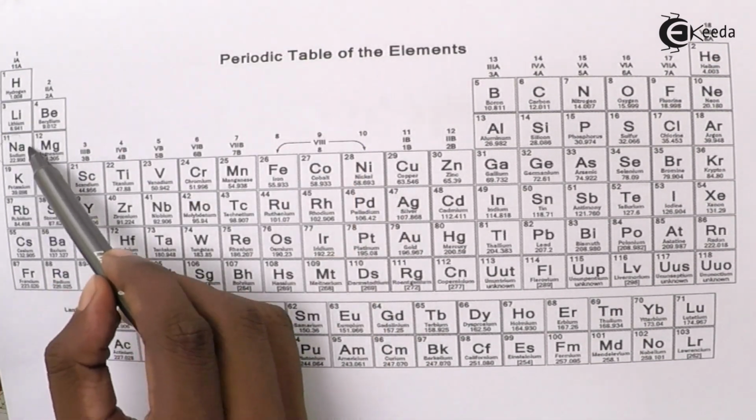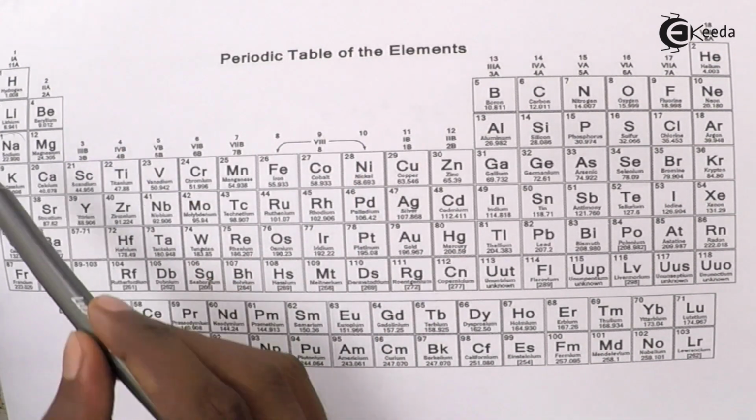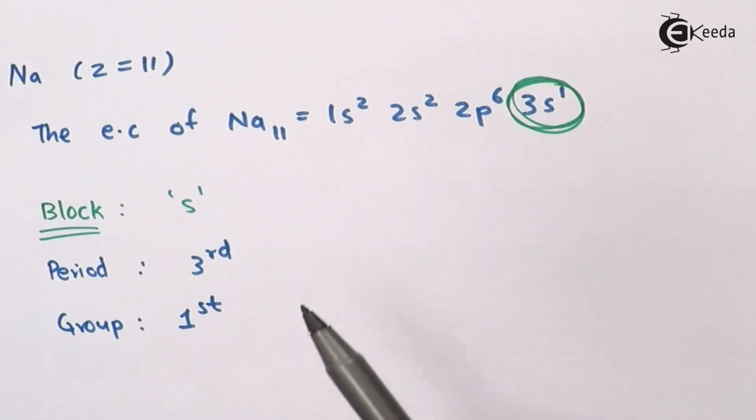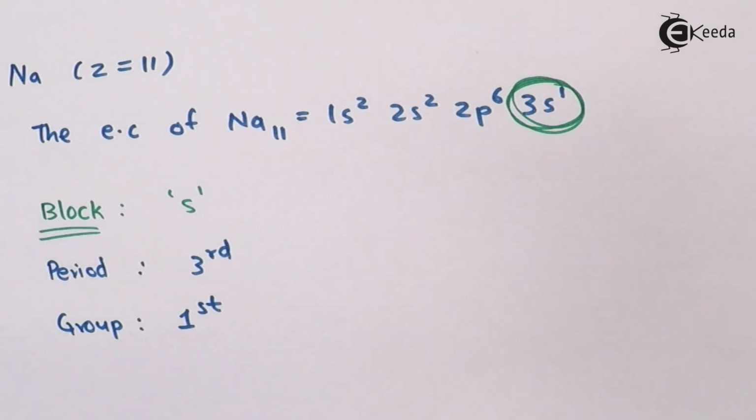That is the reason sodium is placed here. So we can determine the exact position of an element in the periodic table by using the electronic configuration, as well as the formulas we made for estimating which block, group or period an element belongs to.